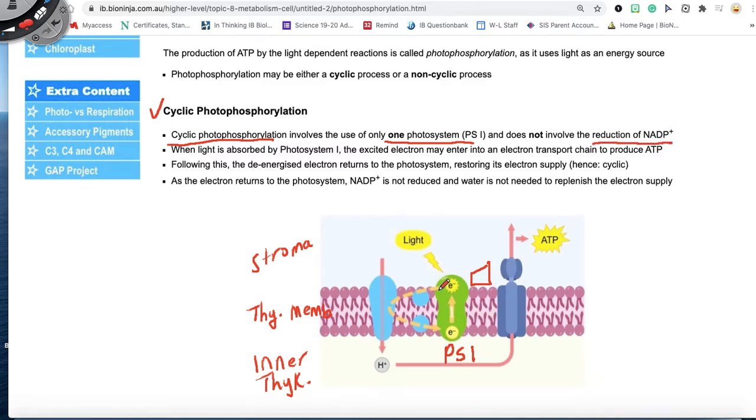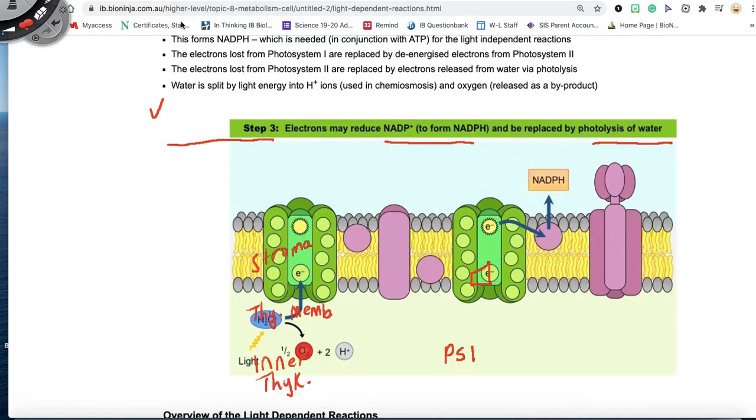So remember, let me move here to this other slide. Remember when we saw the details of the light-dependent reactions, and we saw this excited electron get excited, and it would help reduce NADP+ to NADPH.